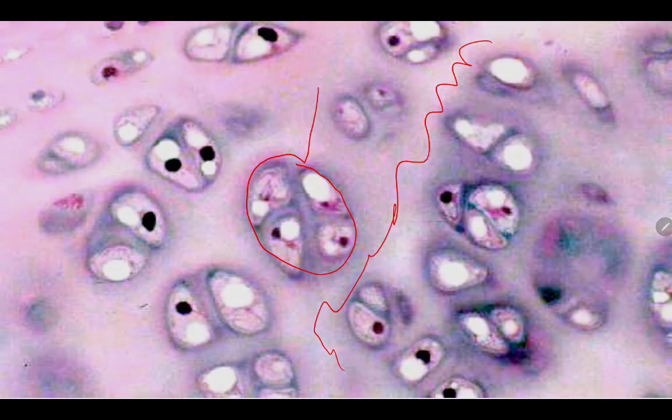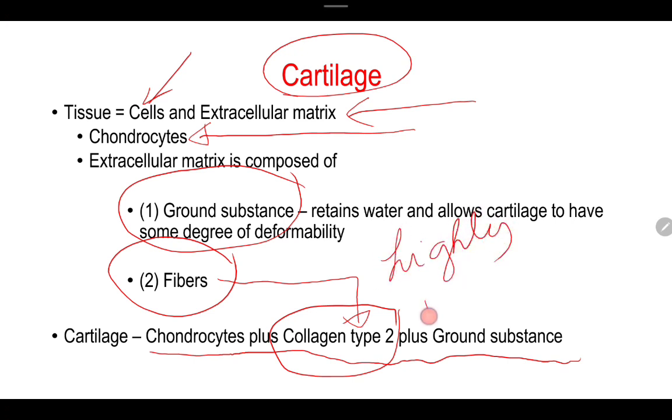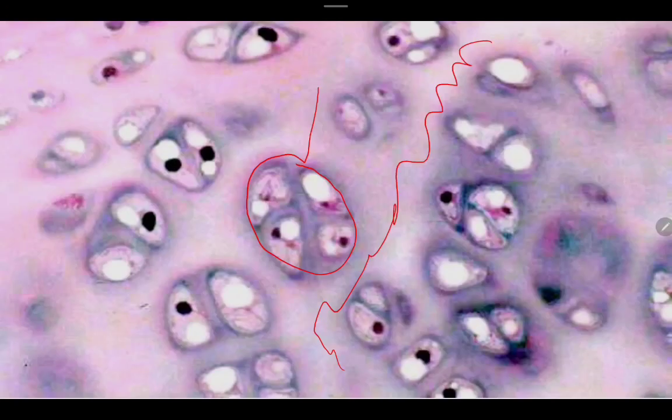Kasi kung babalikan natin yung previous page natin, nabanggit dito that the cartilage is chondrocyte plus collagen type 2. If you recall, collagen type 2 is a type of collagen that is highly refractile. So it means hindi talaga siya makikita under the microscope. So kapag hindi niya makita ang fibers sa inyong ginaview na slide, ibig sabihin it is collagen type 2. Let's move on sa next slide natin.